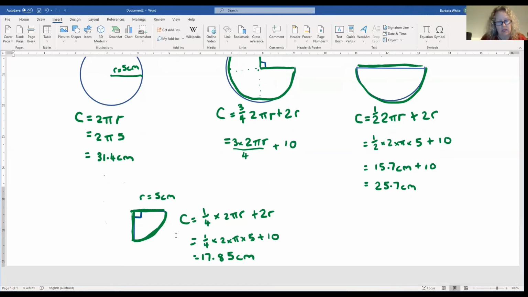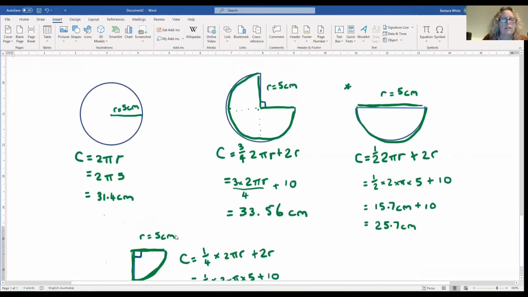I'm going 3 times 2 times pi times 5 equals, I don't think I needed to equal, but I'm going to do that anyway, divided by 4 equals plus 10 equals 33.56. And it is centimetres. Okay. I think you can have a go at some of those as well.